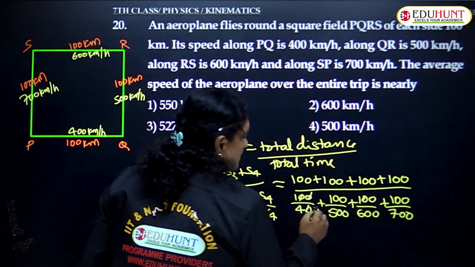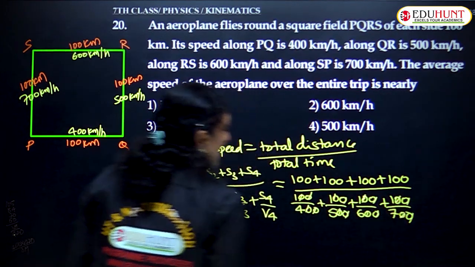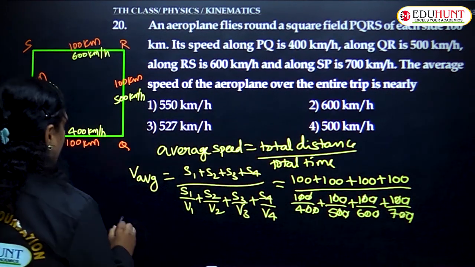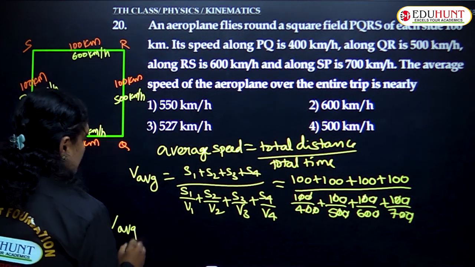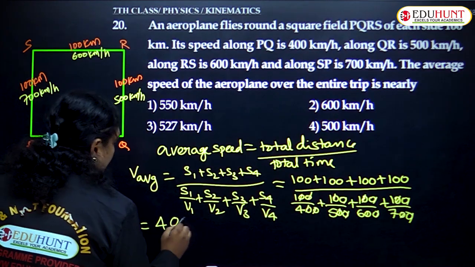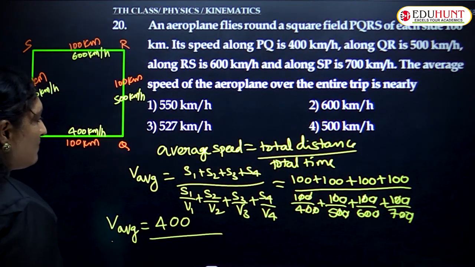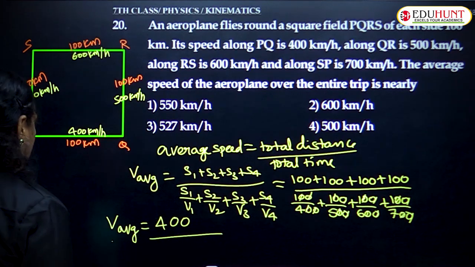So all zeros get cancelled. After further simplification, this average speed will be something like this: 4 times 100, which is 400, whole upon 1 by 4 plus 1 by 5 plus 1 by 6 plus 1 by 7.